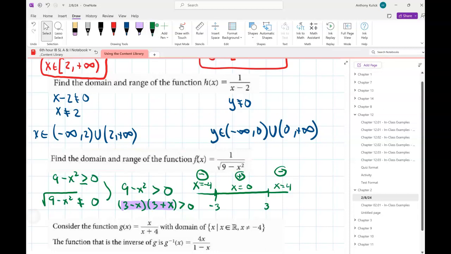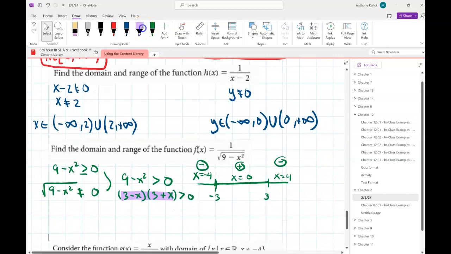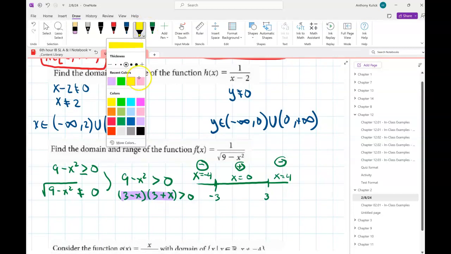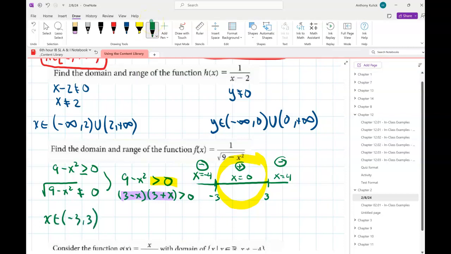So where is my function greater than 0? In there, right? Does everybody feel okay with that?